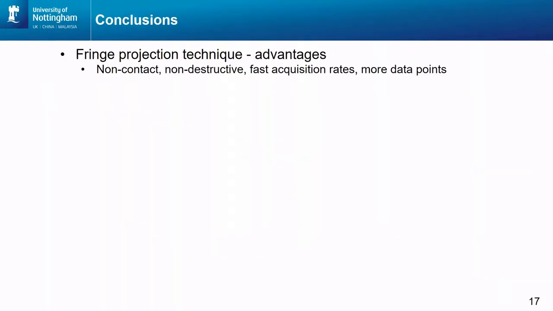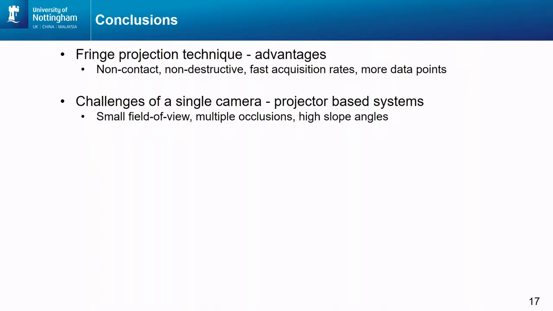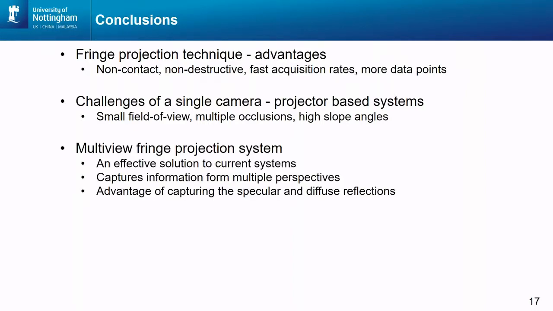Okay, coming to the conclusion, we are using the fringe projection technique that has many advantages and is extensively used in 3D shape measurement, but there are still some challenges associated with a single camera and projector, like small field of view, collisions and high slope angles. To address those issues, we are working on a multi-view fringe projection system, and it has the advantage of capturing specular and diffuse reflection.